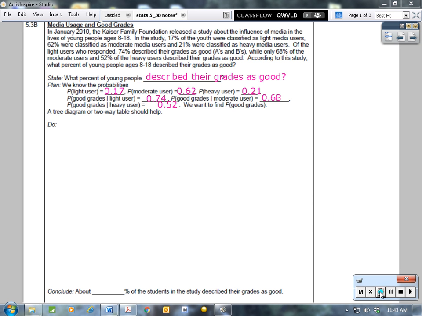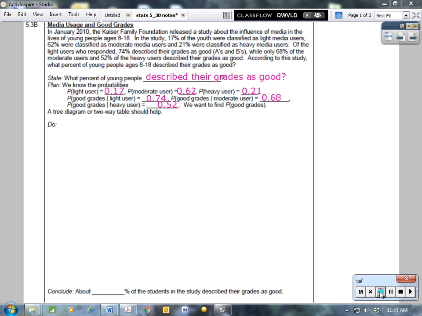So we can do this 2 ways. We can do this with a tree diagram, which is important to know because tree diagrams are one of the standards that they test on the AP exam. Plus, it's really good as we get into chapter 6 and we start talking about multiple things happening.